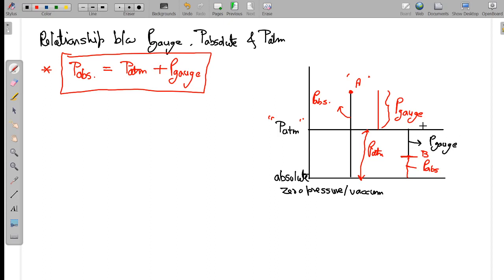But now what is the difference? The difference is, this time we are measuring the pressure less than atmospheric pressure. So that's why it is called vacuum gauge, or we can also call it negative gauge pressure.